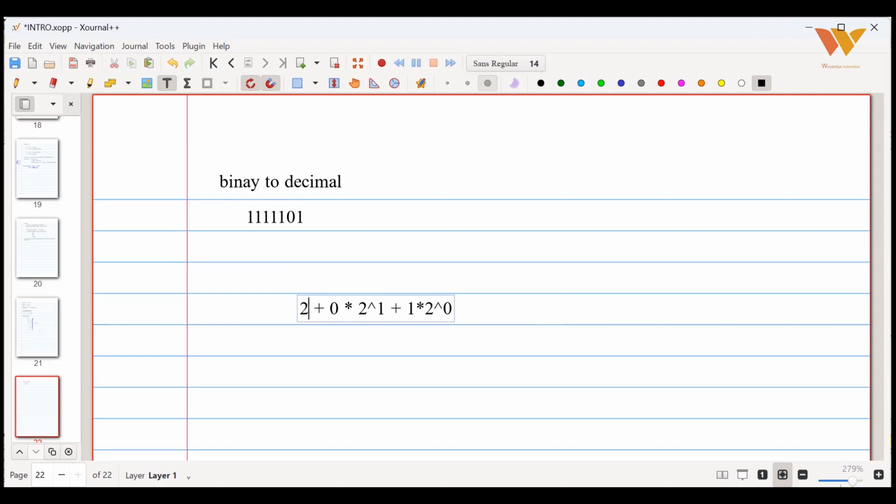So now 1 into 2 power 2. Someone please tell me the final value after conversion. Okay.